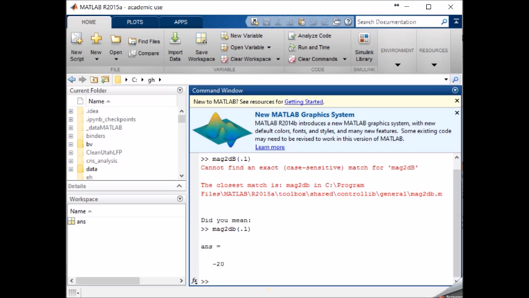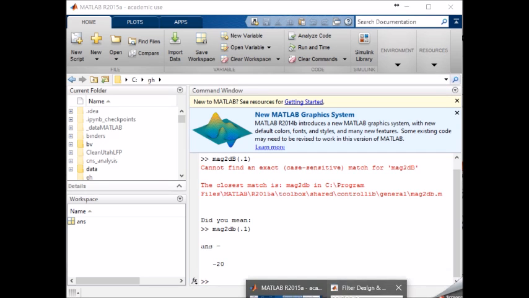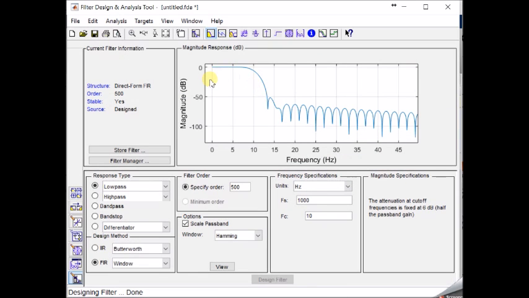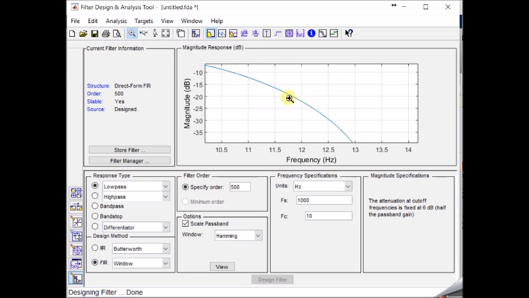So up at the chart, back in the FDA tool, where we hit negative 20 decibels is around 11.8 hertz. So the 11.8 hertz frequency component here is attenuated by about 90%.